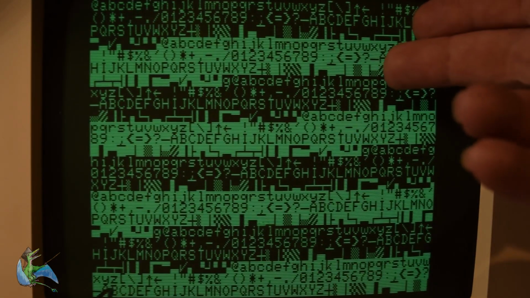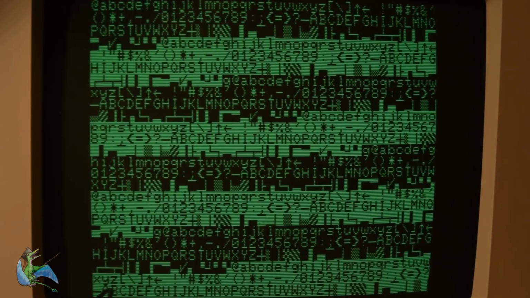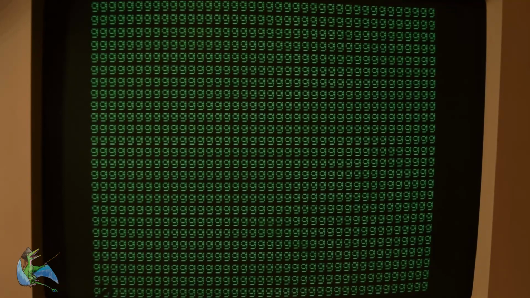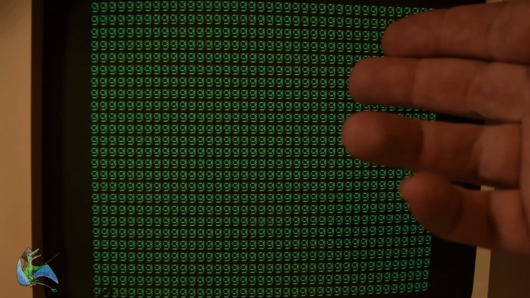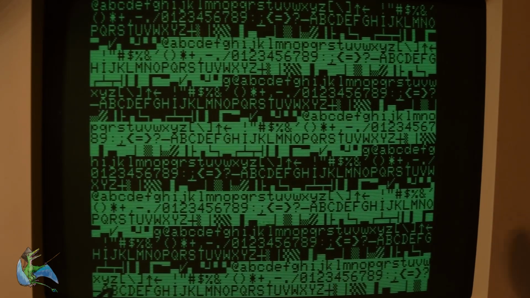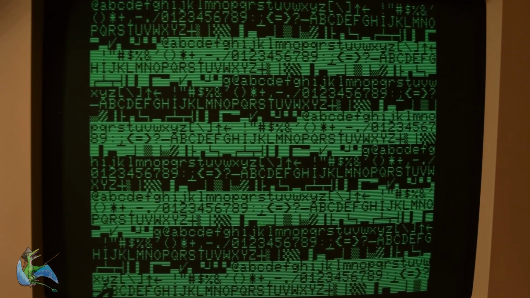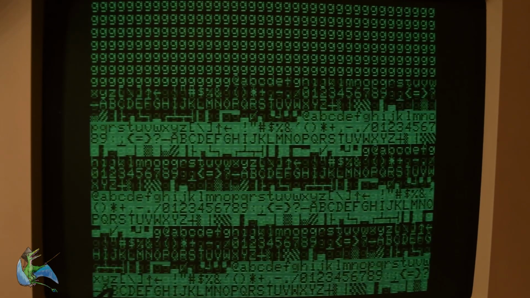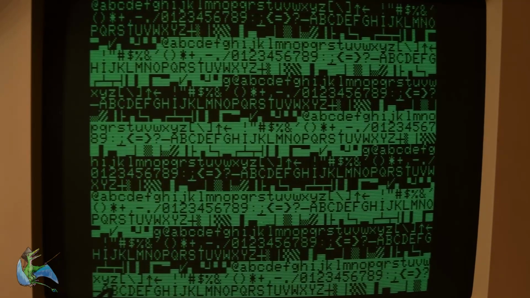So here we go. We're running at 4 megahertz. I'll see if I can find a video of the old PET tester ROM running, and we can put them side by side. You'll see how much faster it's running. But as you see, this is 4 megahertz. And when we switch to the higher dot clock, to the 64 column mode, we will see that it actually runs even faster.